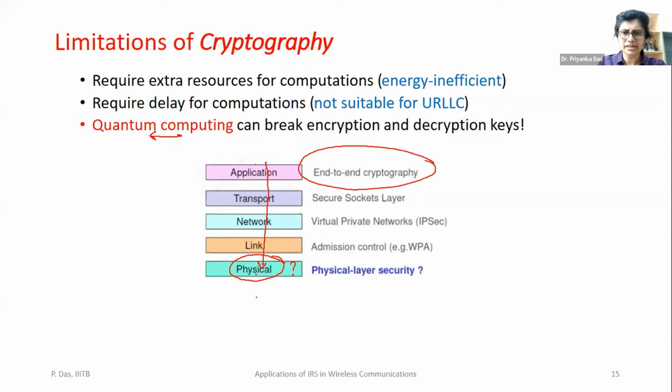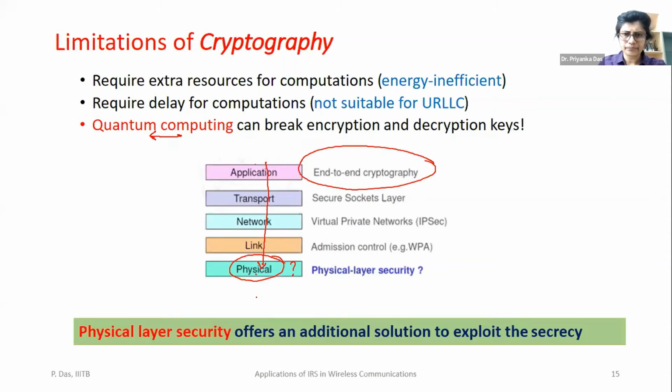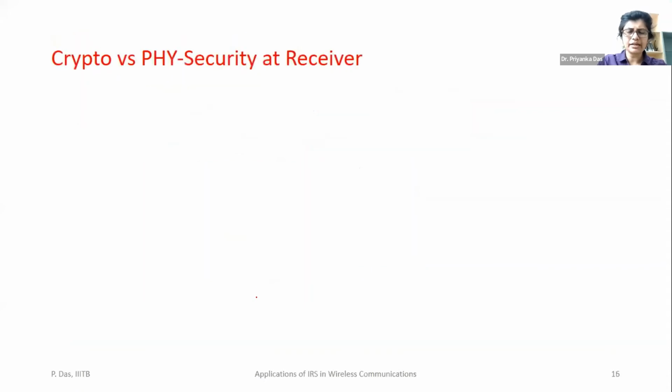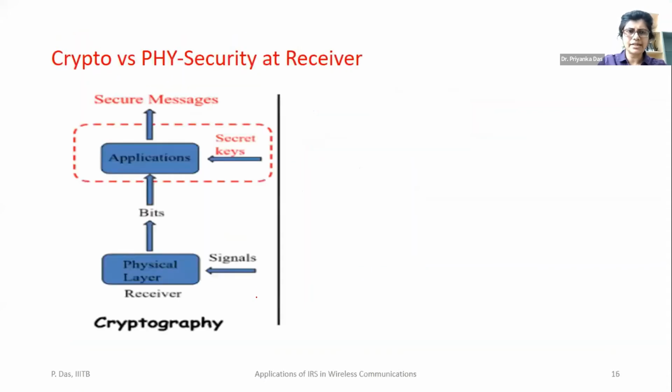What do you mean by physical layer security? Let me go through it directly. First, understanding the concept. Crypto is done in the application layer. The signal is coming to the receiver end from the channel.